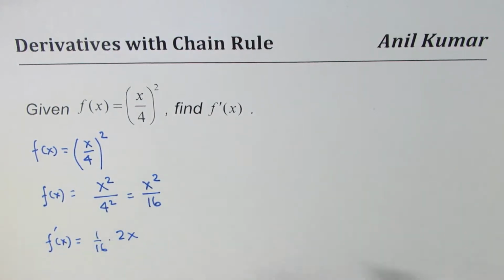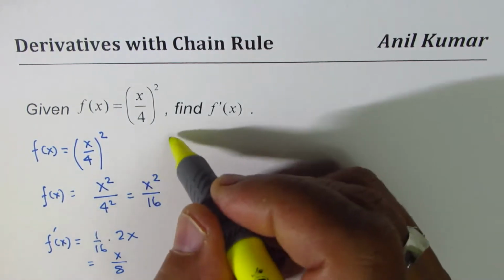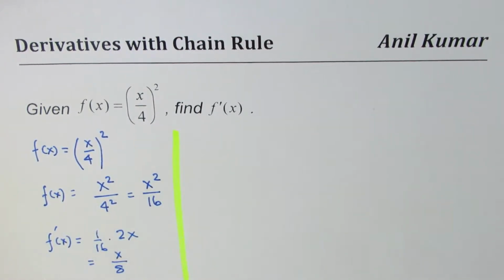Now this could be simplified, and so we could write this as x over 8. So the derivative function is x over 8. At the end we just simplified it by dividing 16 by 2. That could be one method.